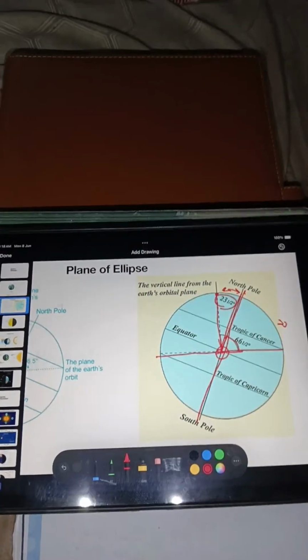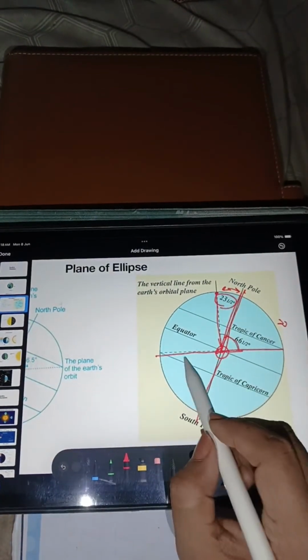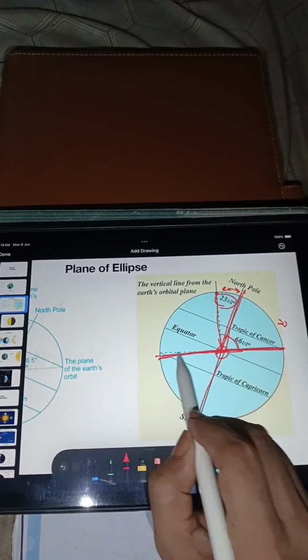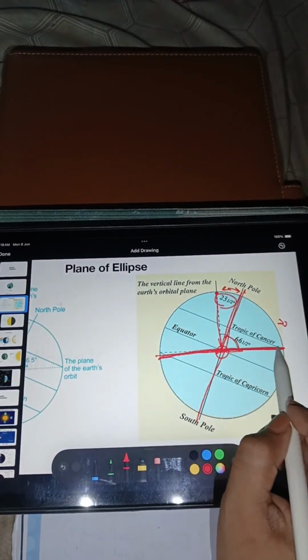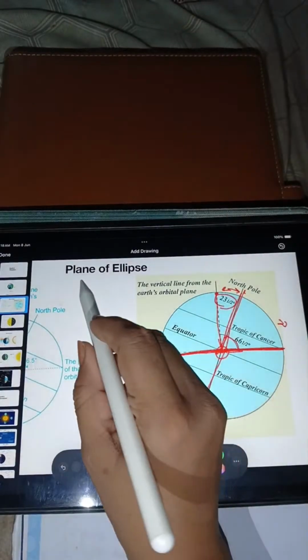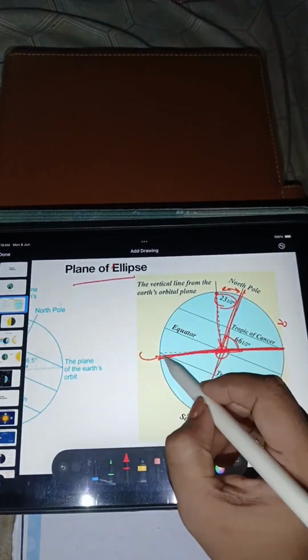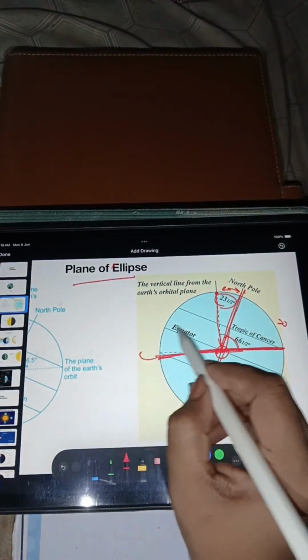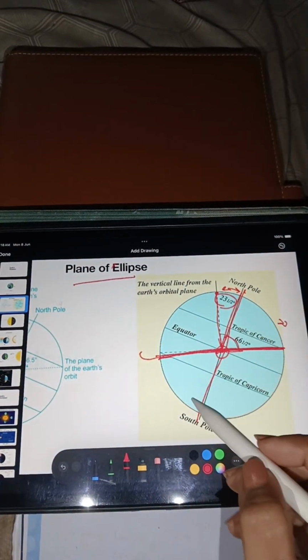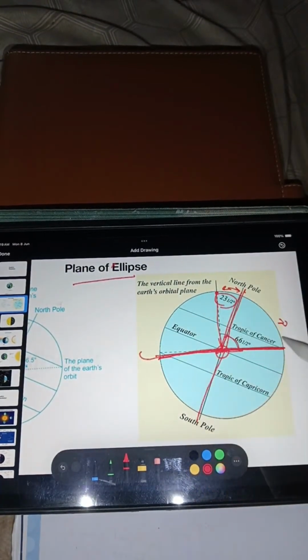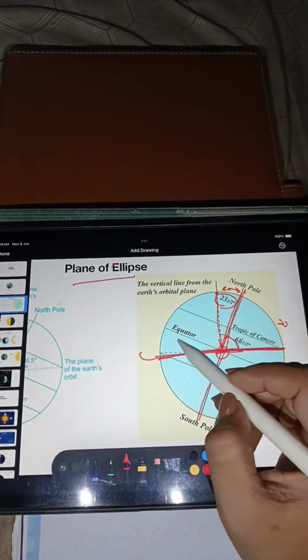Now this perpendicular line that we have drawn, just straight to this, is actually called the plane of ecliptic. This plane of ecliptic is elliptical in shape, resembling the shape of the bulge of the Earth's circumference.